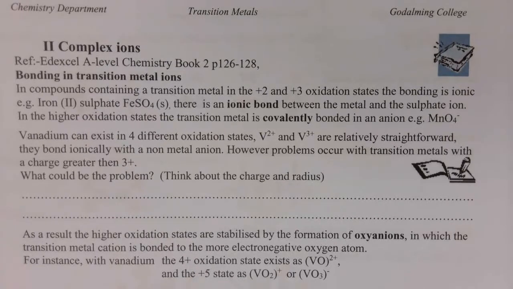If we consider vanadium, it exists in 4 different oxidation states. V2+ and V3+ are quite straightforward and can exist on their own. However, once you get an oxidation state of +4 and above, there becomes a problem. The +4 ion would be very, very small and very, very polarizing, and therefore it wouldn't be stable.